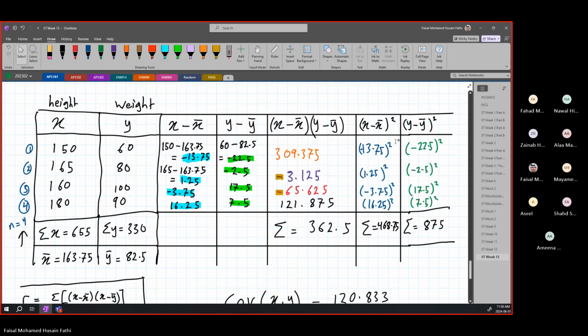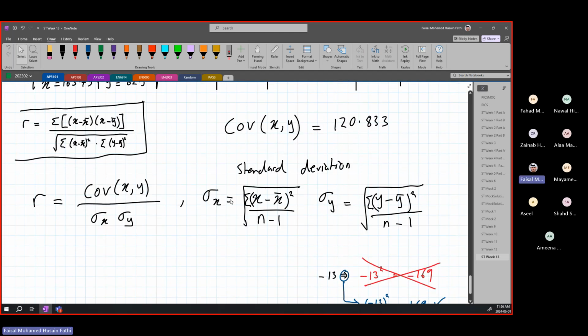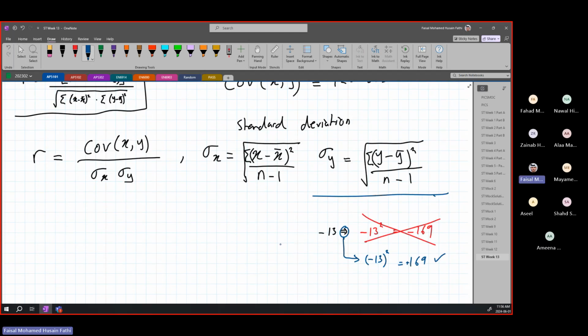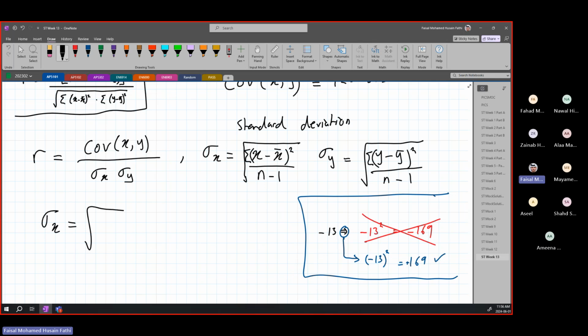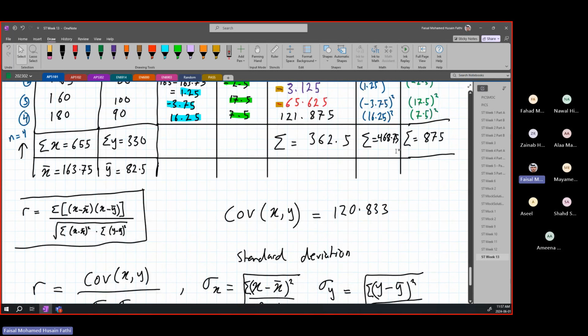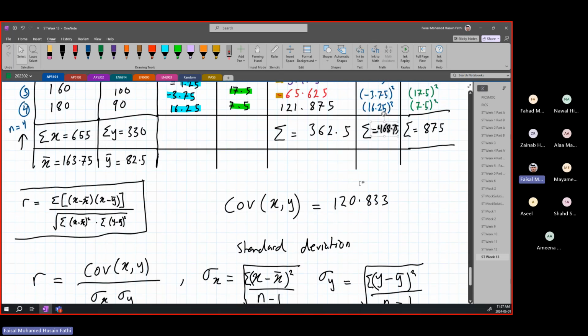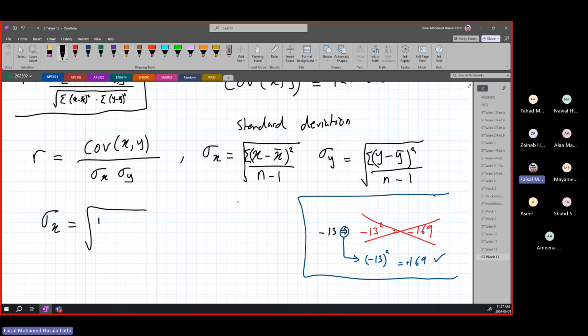So once you find and add up all these values, you get the sum. You can now find your sigma x and sigma y. All right. So our sigma x is going to be equal to the square root of the sum that we just found, which is 468.75, divided by n minus 1.